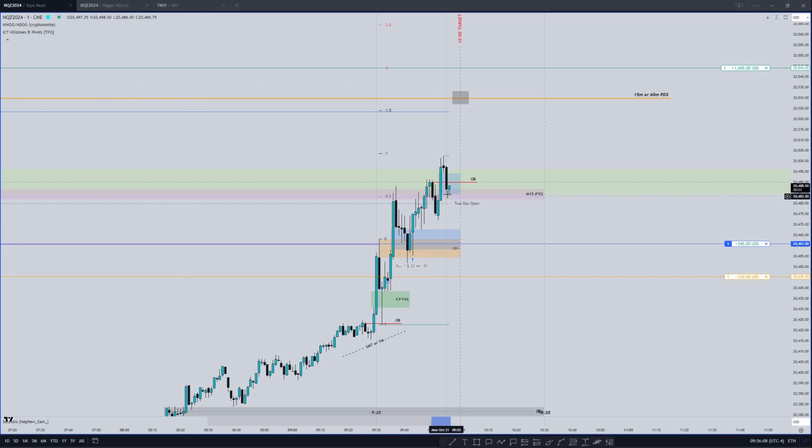So coming back into that inversion gap on the 15, I want to see that use as support as well as the bottom portion of the new week opening gap, as well as this bullish order block, as well as this inefficiency.